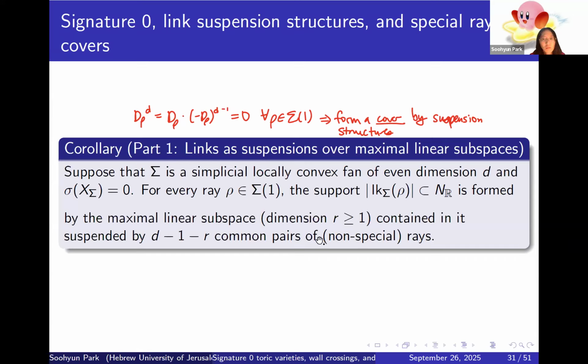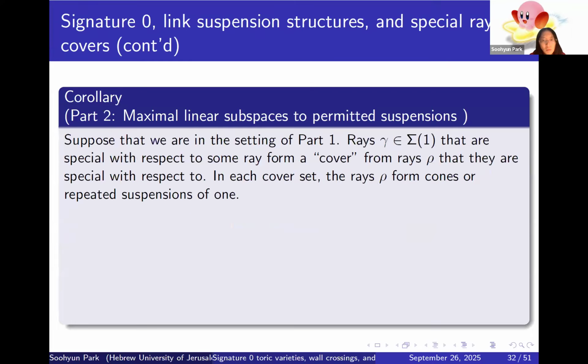And then basically it's a linear subspace suspended by a common collection of rays. And then going the other direction, this is about suspending the cones. By cone, I mean the link over a particular ray, and here we're suspending the centers of the individual cones. So it's like flipping perspectives, from the perspective of the stuff that you're pulling over.